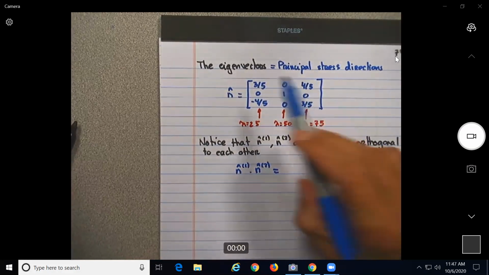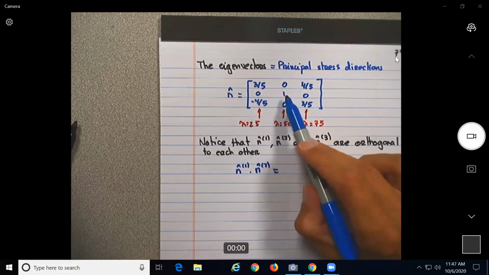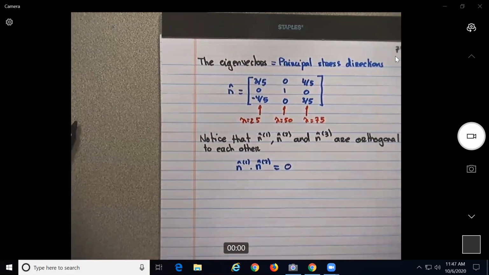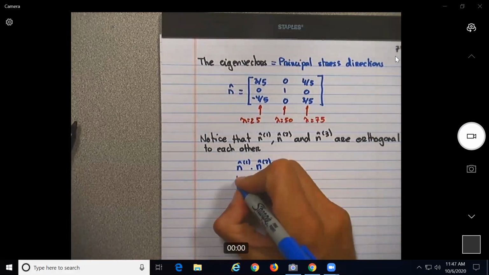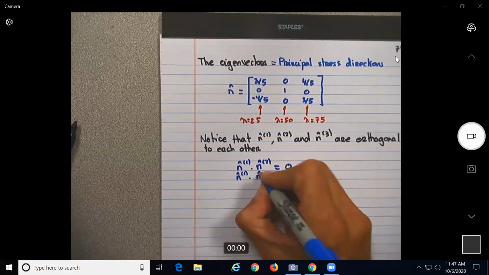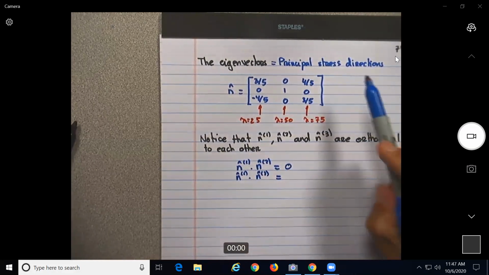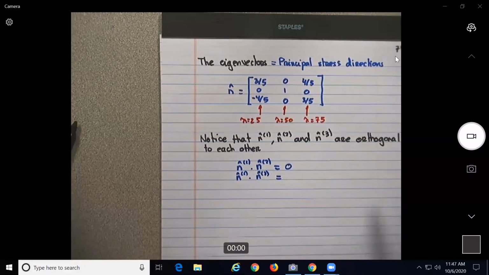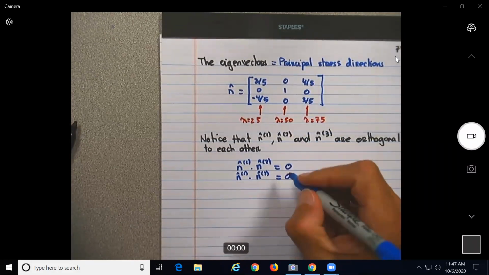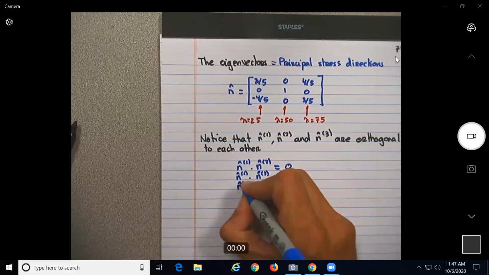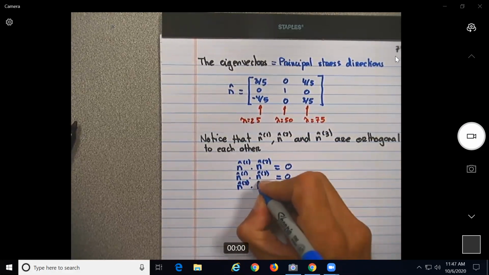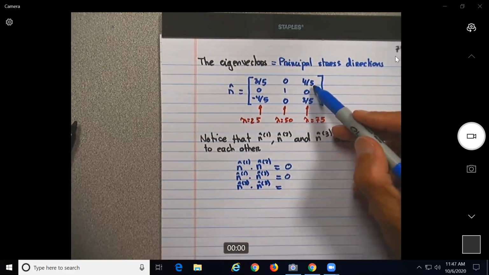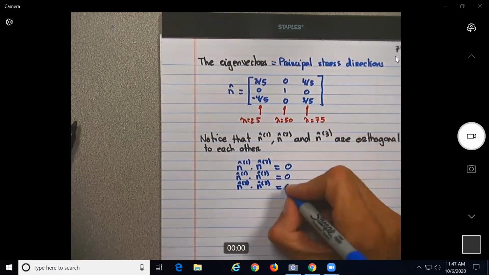You will get 3/5 times 0, plus 0 times 1, plus minus 4/5 times 0, which is 0, no? Yeah, it will be 0. Then if you do n1 and n3, what will you get? 12 minus 4 times 3 over 25, 0 again, no? All right? And the other one we need is just n2 and n3. Again, this one is 0 times a number is 0, 1 times 0, and so on, will be 0.